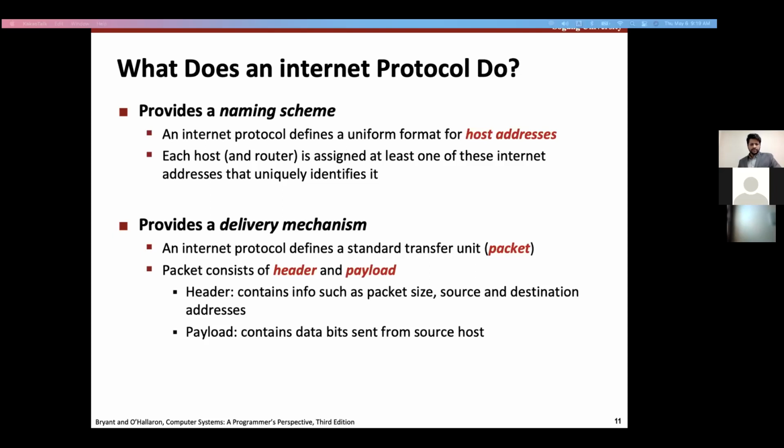A packet consists of a header, which contains the packet size and the source and destination addresses, and a payload, which contains the actual data bits sent from the source host to the destination host. So these are the two capabilities that the internet protocol provides: the naming scheme and the delivery mechanism. Whenever you are dealing with any kind of data, these two are things your protocol must provide.